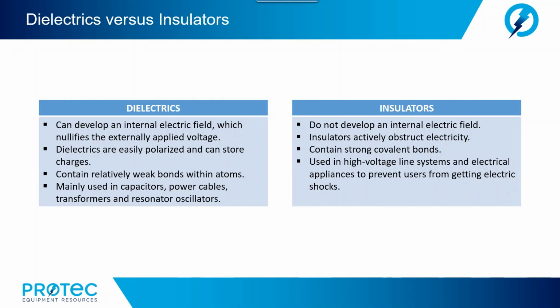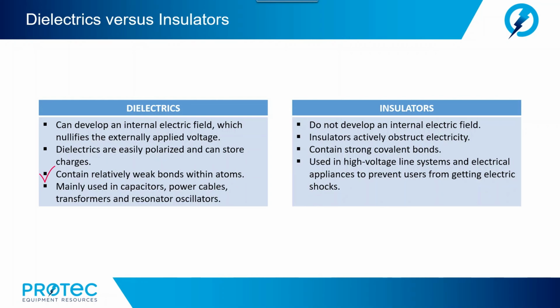Now, the differences between a dielectric versus an insulator. Dielectrics can develop an internal electric field which nullifies the externally applied voltage, while insulators do not develop an internal electric field. Dielectrics are easily polarized and can store charges. Insulators actively obstruct electricity.